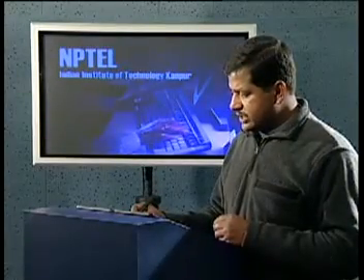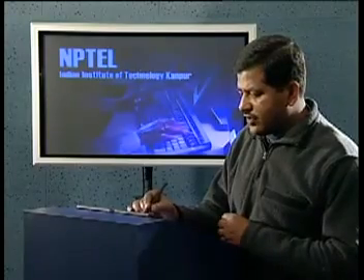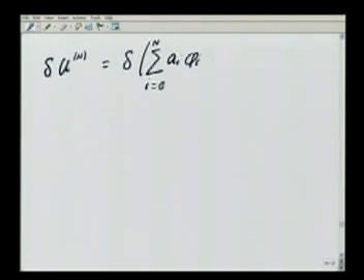Okay. So let us see what is delta un. Delta un for us will be equal to delta of the sum over i equal to 0 to n of ai phi i of x. Now we have chosen what is our phi i. That is, each of these phi i's are known functions that we are going to use to construct the series.